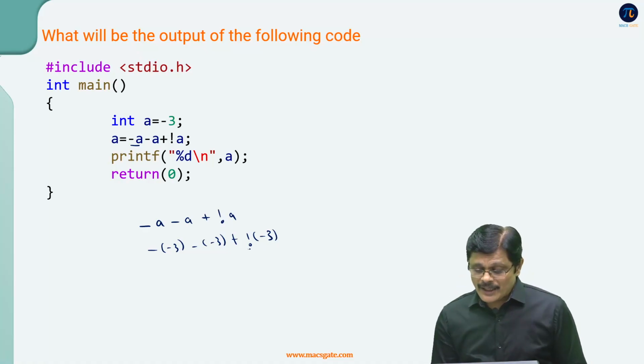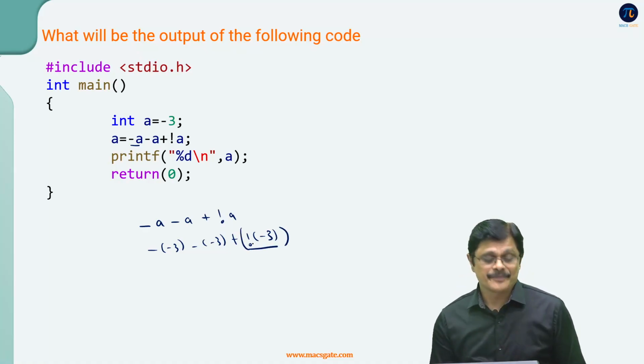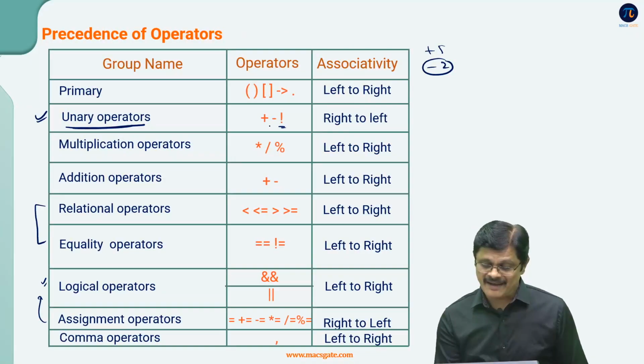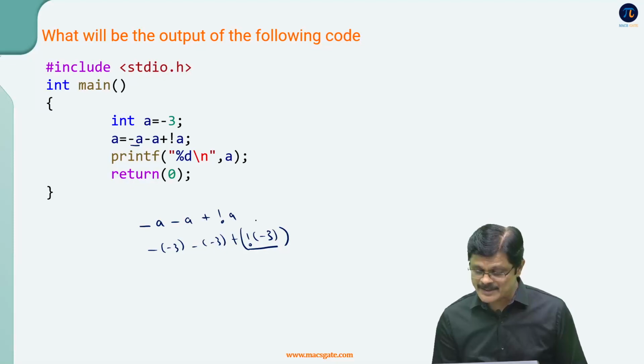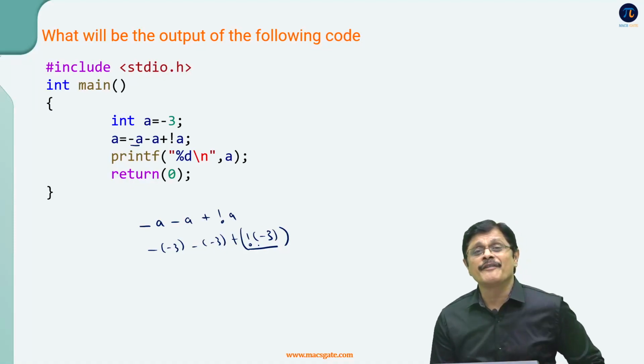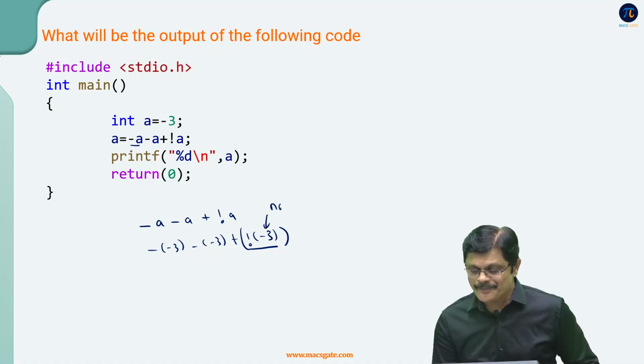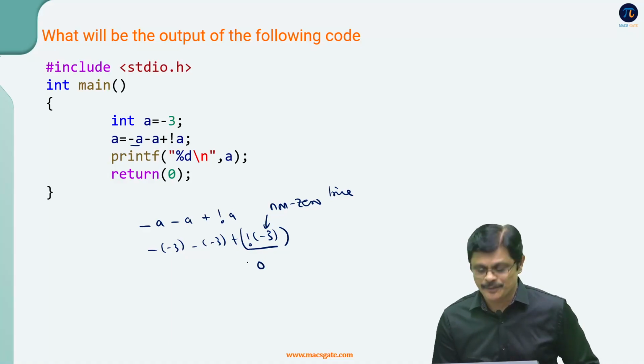Dear friends, not has higher precedence. A unary operator has higher precedence than arithmetic operators. So, first not is performed. Not of any non-zero value is 0. Because it is non-zero, it is considered as true. So, not of true is false. So, it is becoming 0.